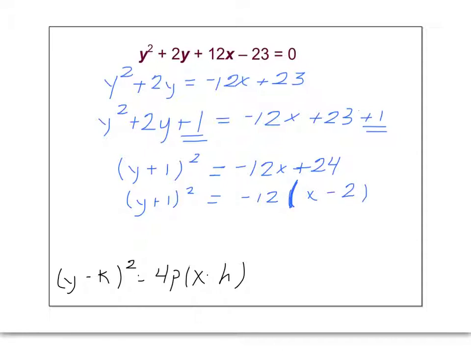And then once in that format, we have to deal with this left-hand side as it's y plus 1, and we're used to a y minus k. So we can recognize that that's the same as y minus negative 1 squared, in terms of helping us recognize what the vertex is, equals negative 12 times the quantity of x minus 2.